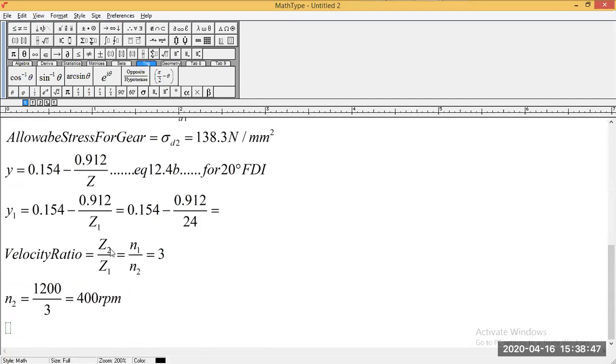So Z2 is 24, that is Z1 into 3. Right? So this is 72T. Okay, so anybody found Y1? If Y1 is known, we can find Y2.